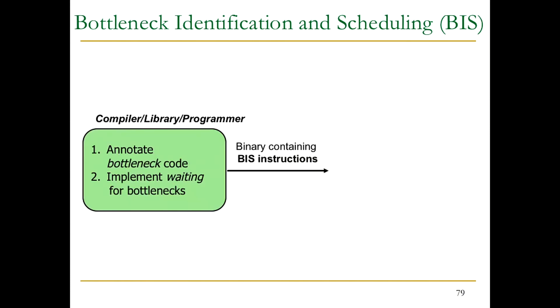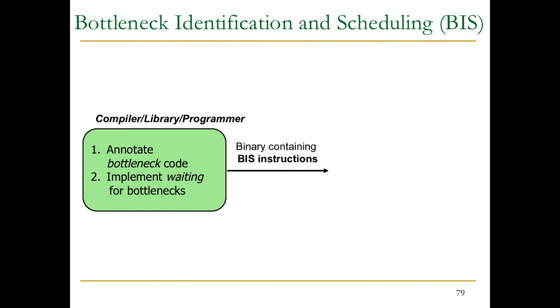This is one way of doing it, but I think you need hardware-software cooperation. It's very difficult, as I said earlier, to do it purely in hardware. It's very difficult to do it purely in software because of the granularity. The compiler, library, and hopefully not the programmer, annotates the potentially bottleneck code. It implements waiting for bottlenecks.